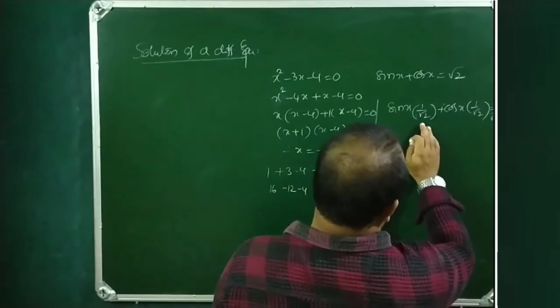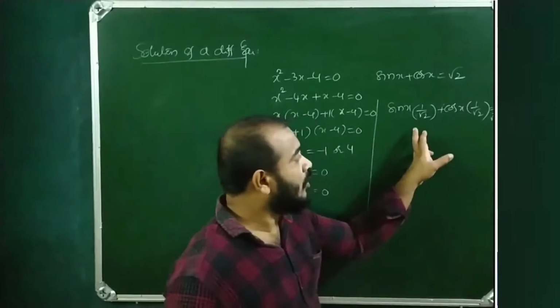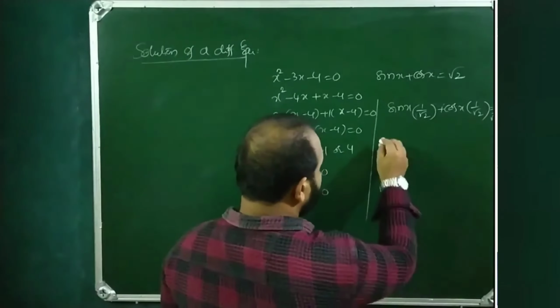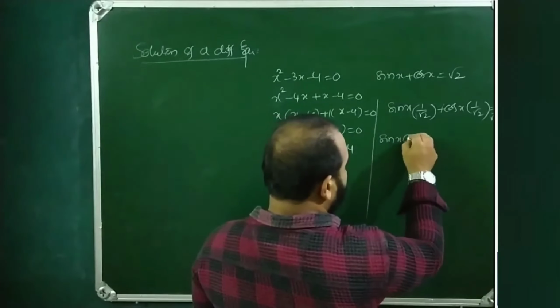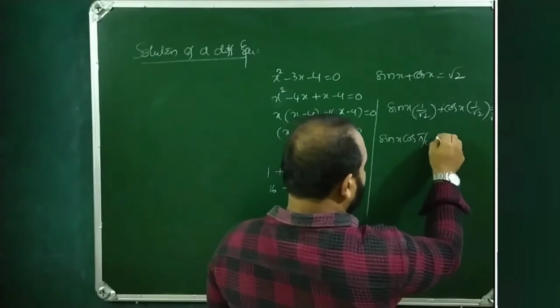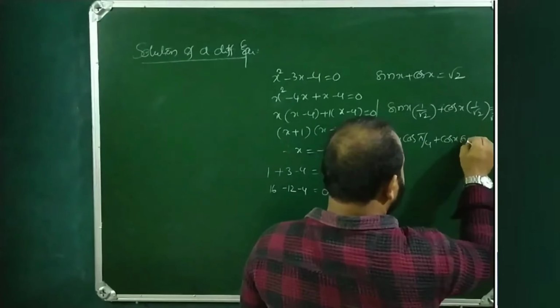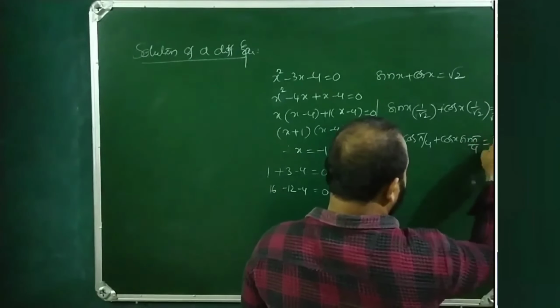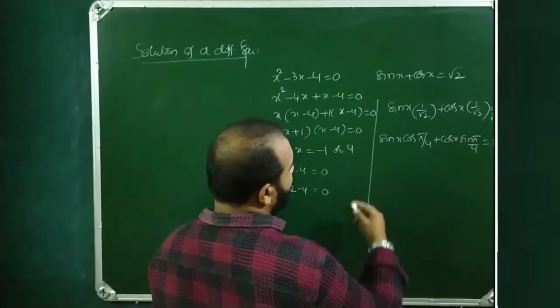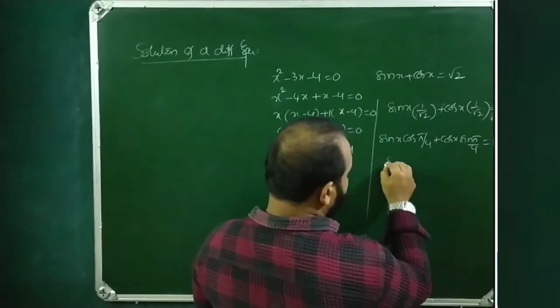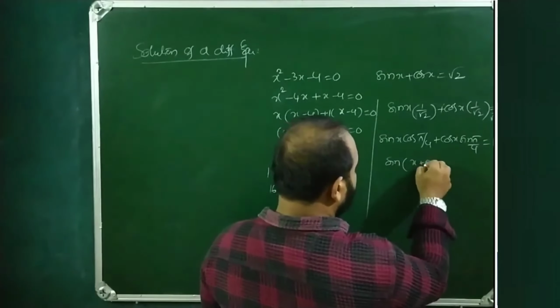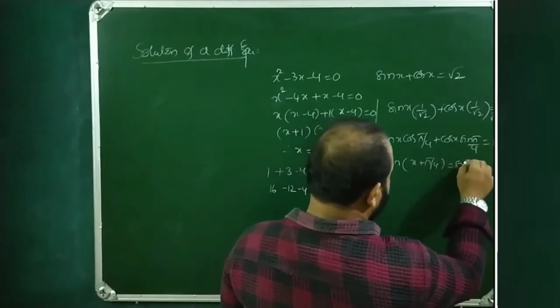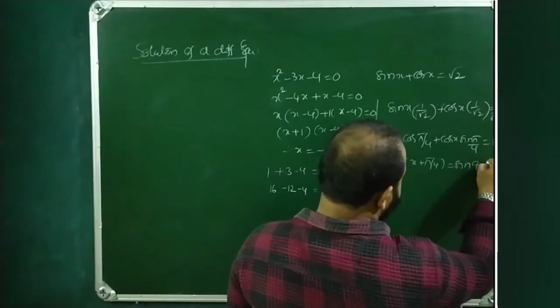That is, I just divided with root 2 on both the sides. Then this is sin x cos pi by 4 plus cos x sin pi by 4 is equals to 1. So this is equals to sin of x plus pi by 4 is equals to sin 90 degrees.